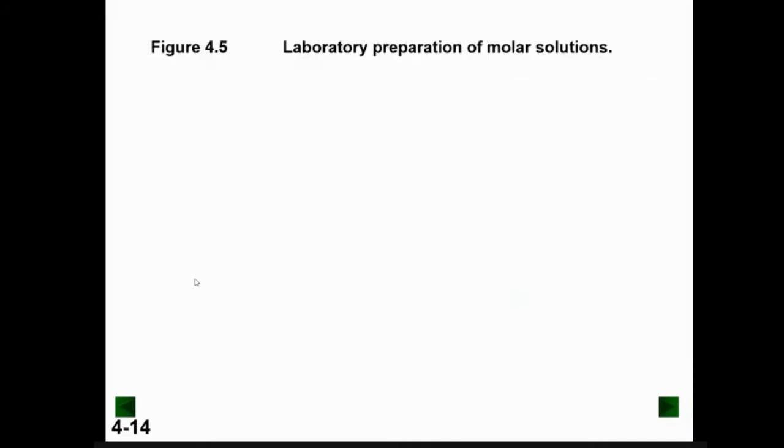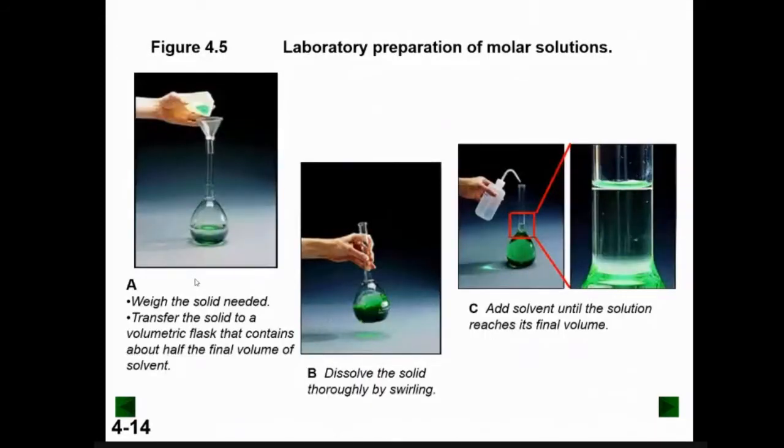4.4, 4.5. You know, this is a simple kind of demo. This is what we call a volumetric flask. And we typically use these when we make solutions. So what I do is I fill it up with a little bit of water. Right, I dump all of the actual solute I want to dissolve inside of it. I'm trying to get to a certain molarity concentration.